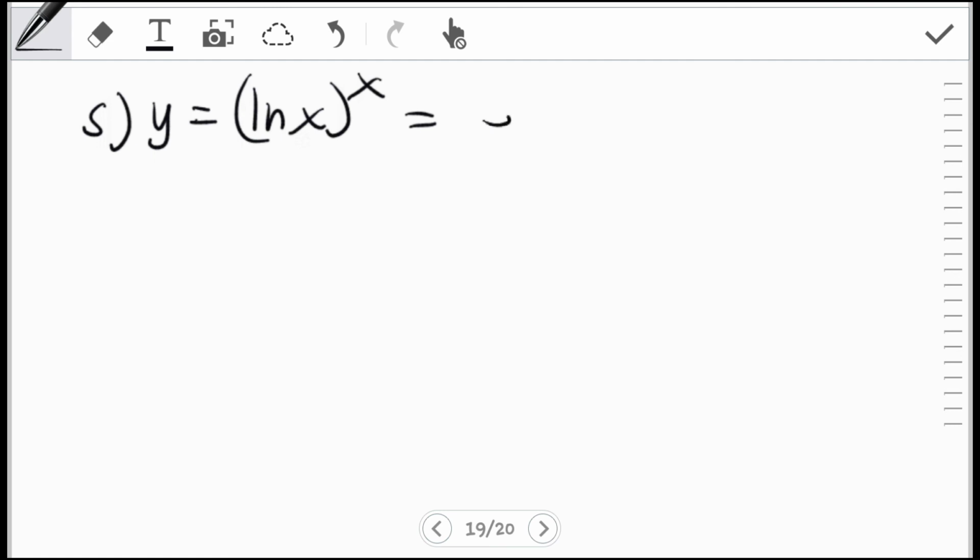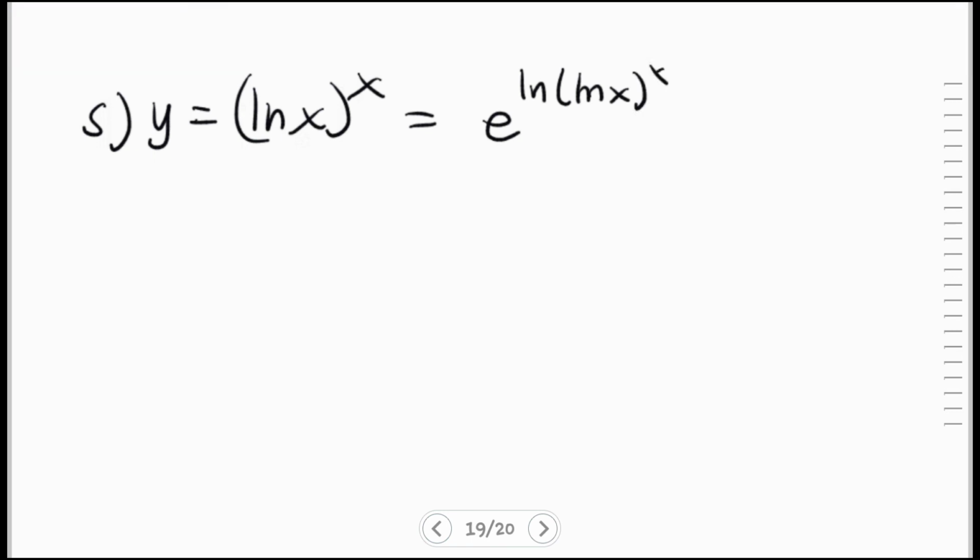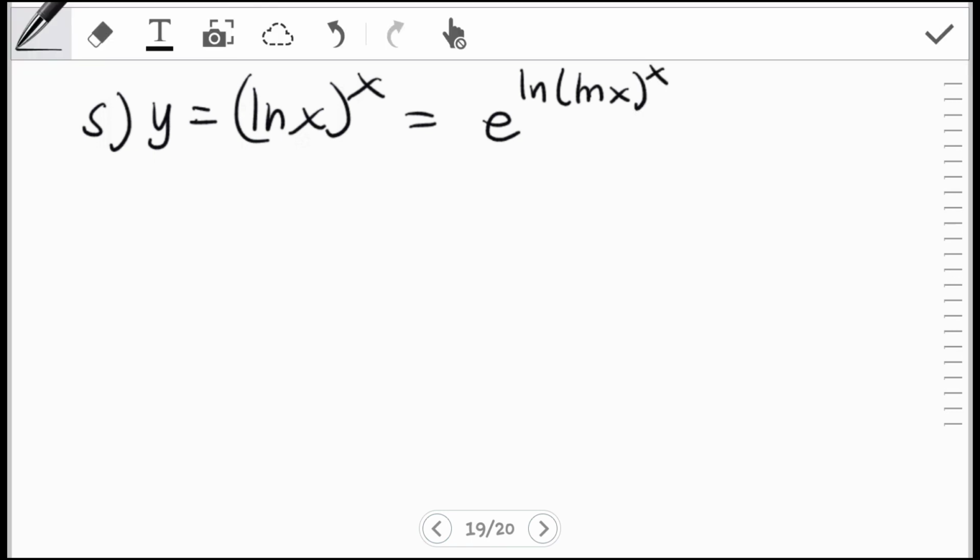That is e to the power ln ln x to the third x. Take note, we raise by using the e.